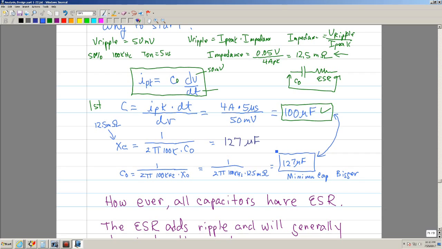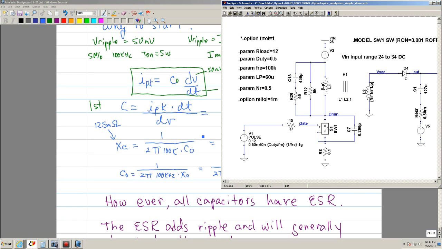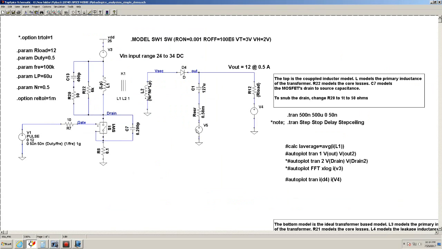So let's simulate that. Instead of using 100, I'm going to up it to 126. Now I'm going to take the ESR off and just put a capacitor here.